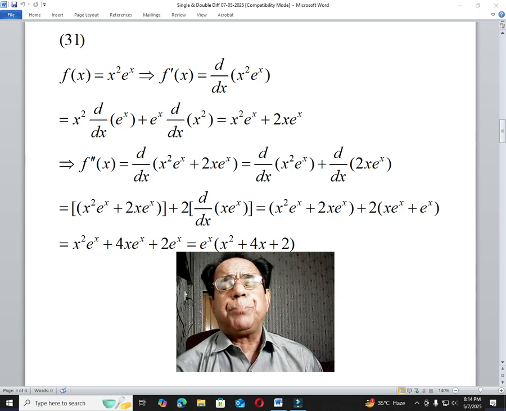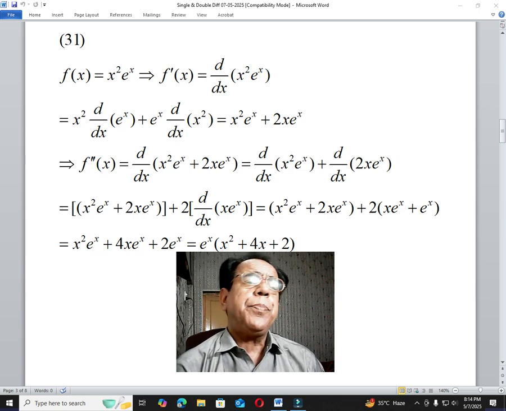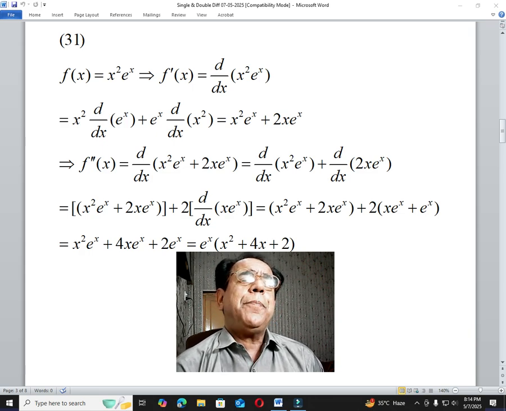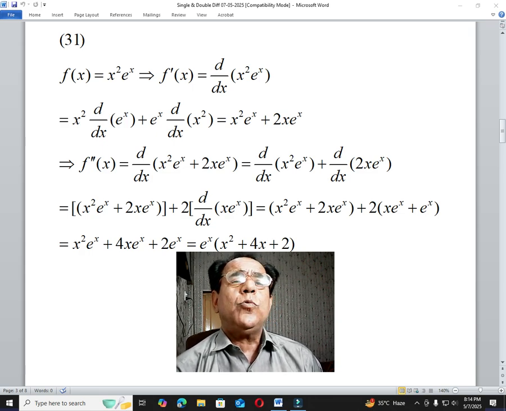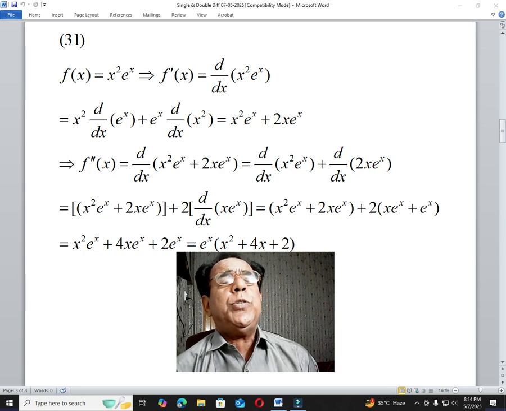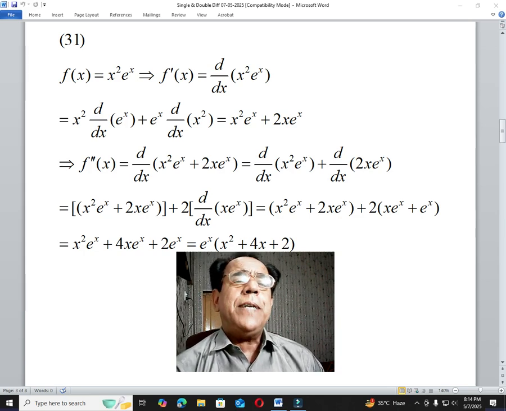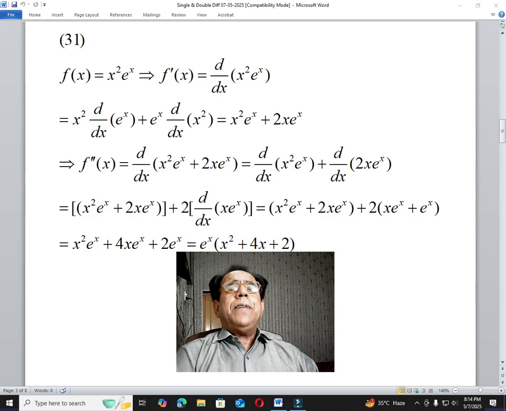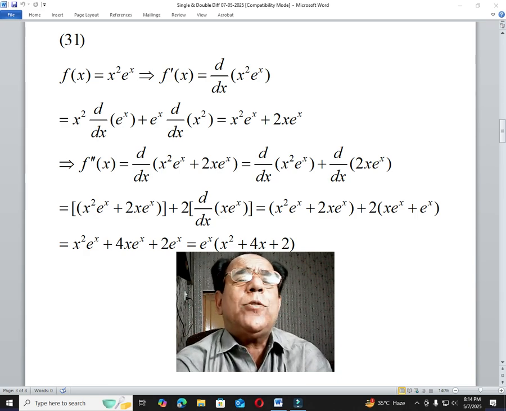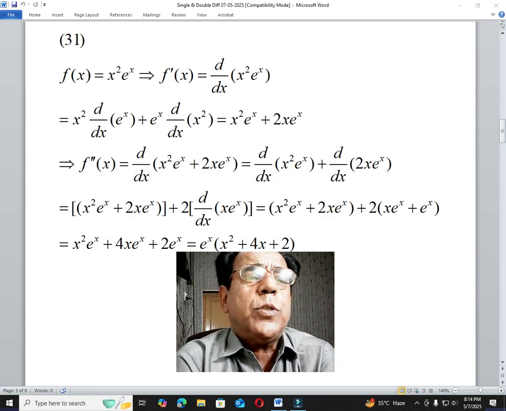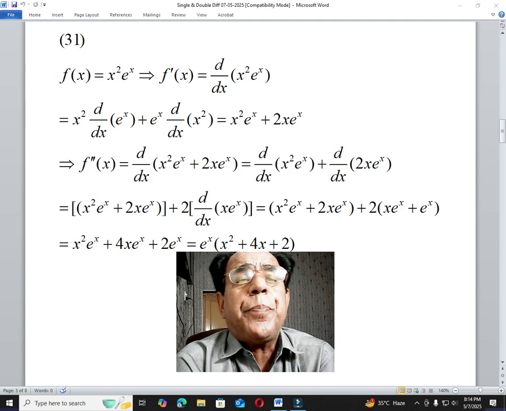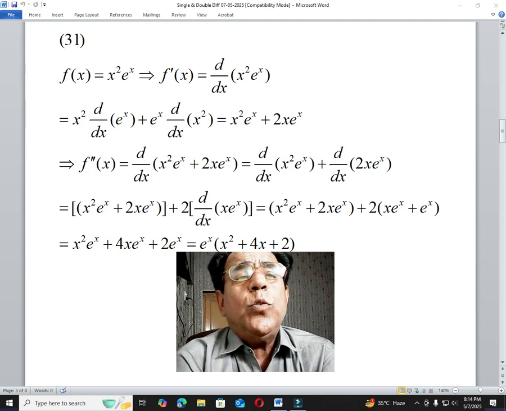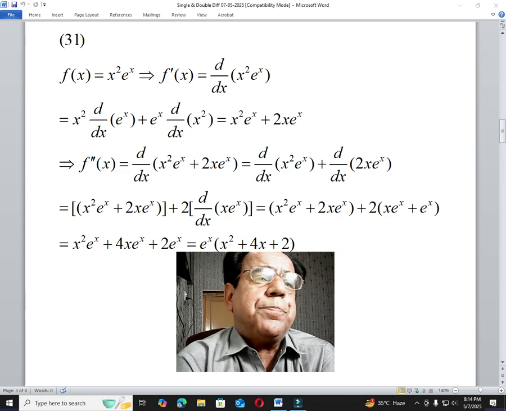Now this implies that f double dash x will be equal to d over dx of f dash x, and f dash x is equal to x square e raised to power x plus 2x e raised to power x. Here, dear students, d over dx will distribute over these two adding terms.